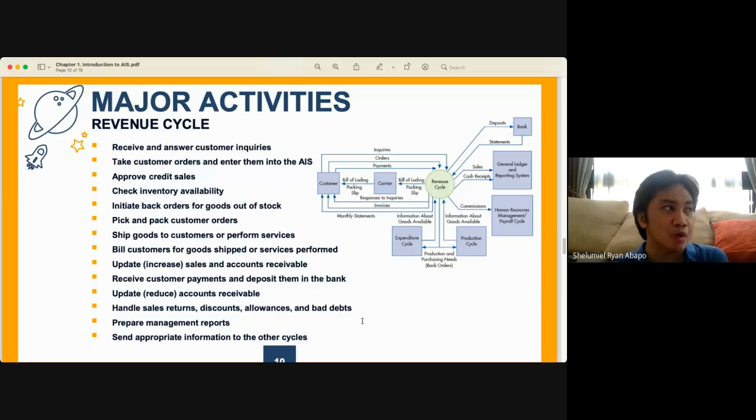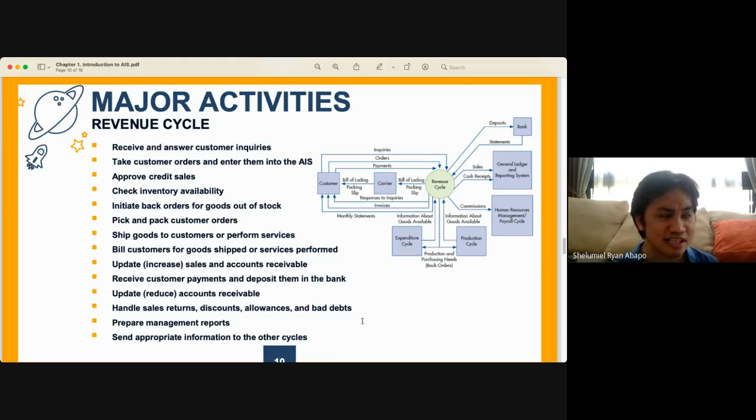But the moment there is already a commitment and it transforms into a sales order, that's the moment that there is an entry to expect, right? Because with a customer inquiry, there's no commitment yet. You have to enter into a commitment before you translate this into an economic event, with pecuniary or economic value. So, with an inquiry, there's nothing yet. But when there is a commitment, you enter it as a sales order.